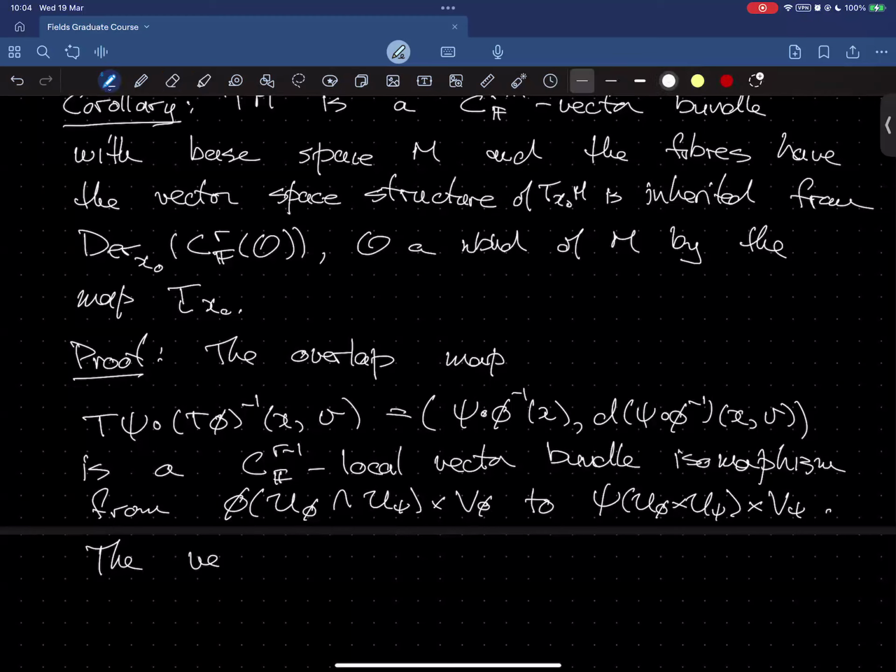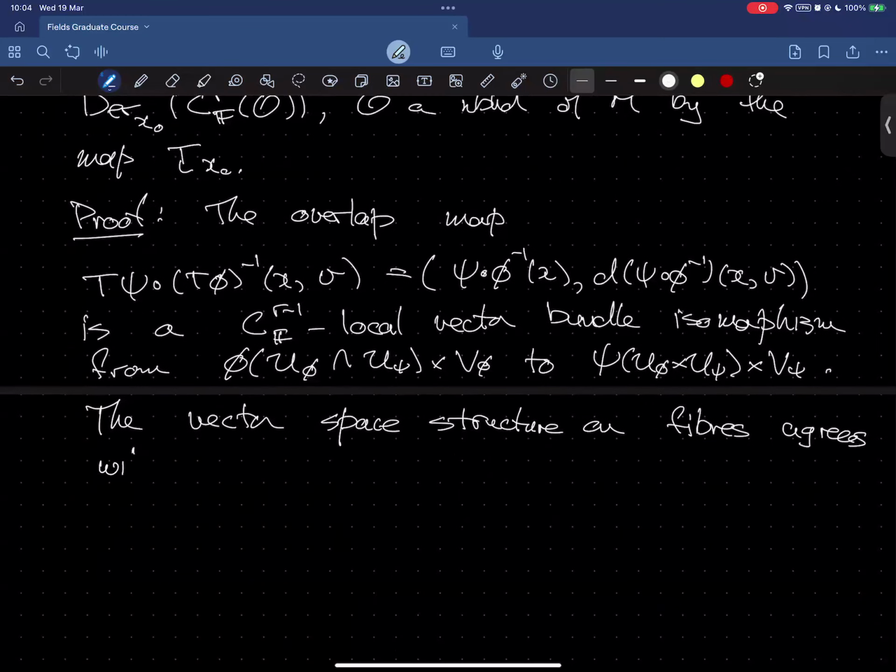Let me do the fibers first. So the vector space structure on the fibers agrees with the vector space structure on V phi.